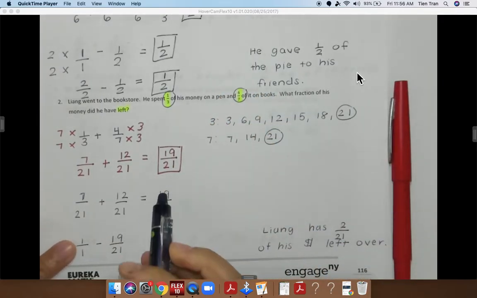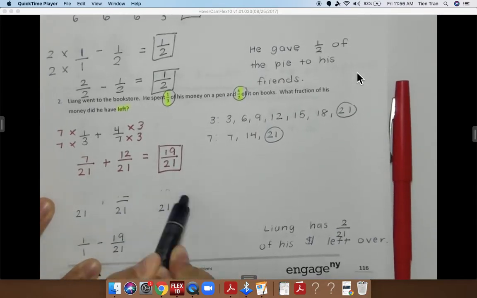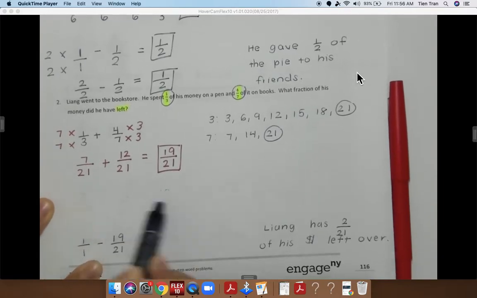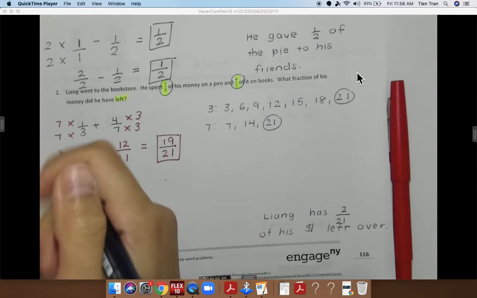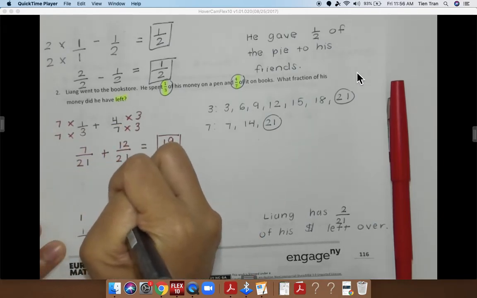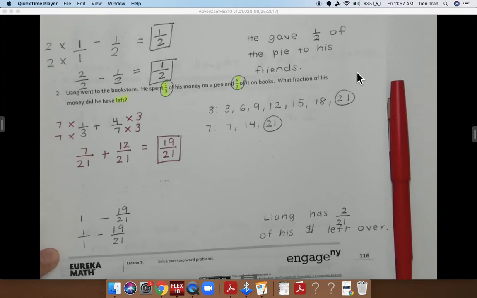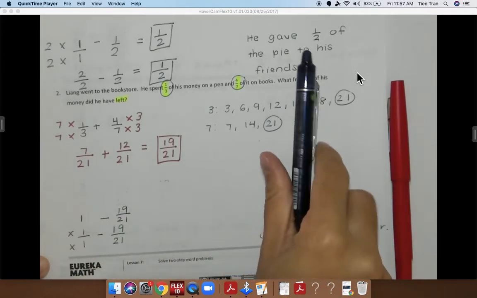So now that I figured out that 19/21 is going to be my answer so far, I need to also figure out how much is taken away from the whole. So I'm subtracting one whole minus 19/21. I change one whole into 1 over 1 because 1 divided by 1 is equivalent to 1, and I can multiply the top and bottom number by 21.